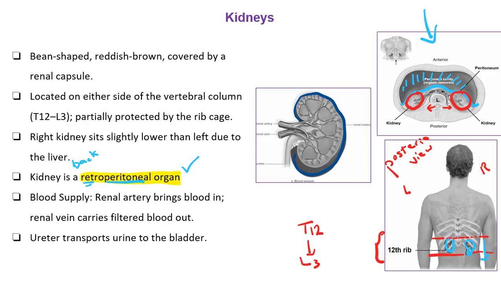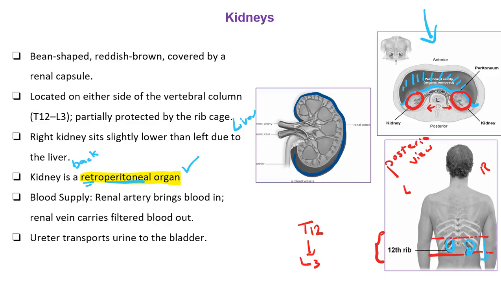The right kidney is slightly lower than the left side because we have the liver on the right side, which is the largest organ in our body. It occupies most of the right upper quadrant. Because we want more space for the liver, our right kidney normally is slightly lower than the left side.